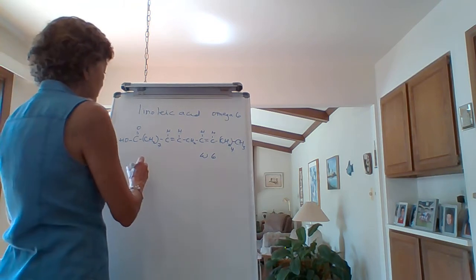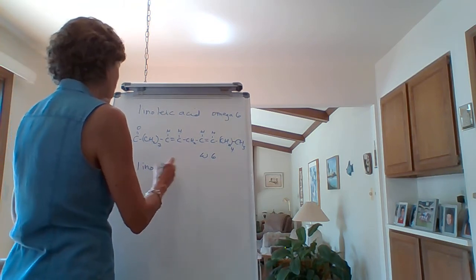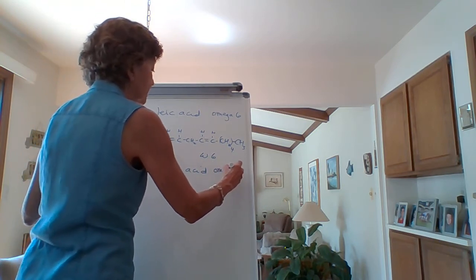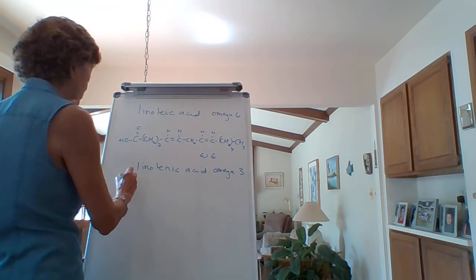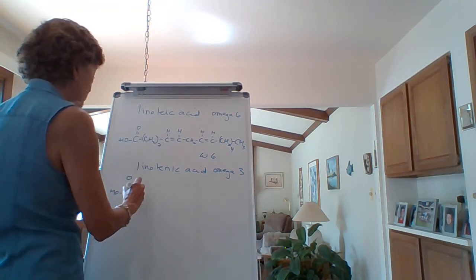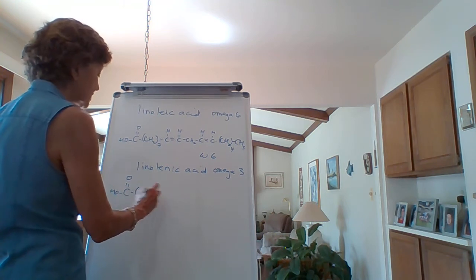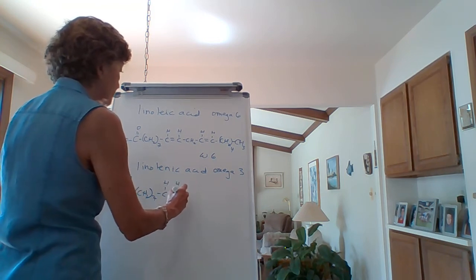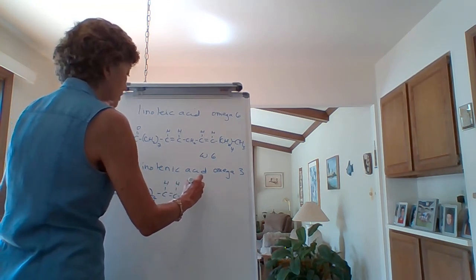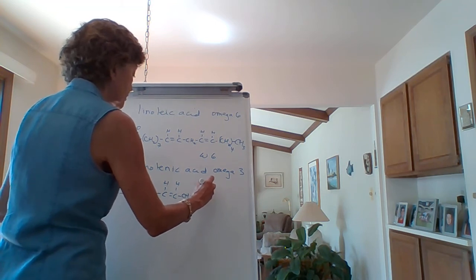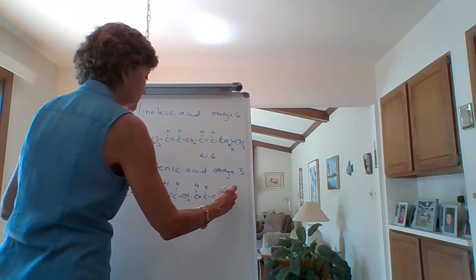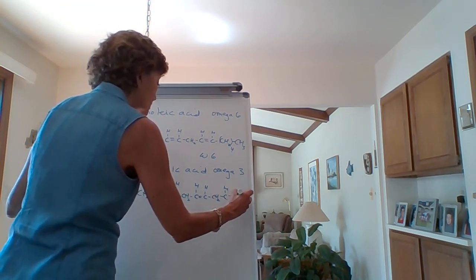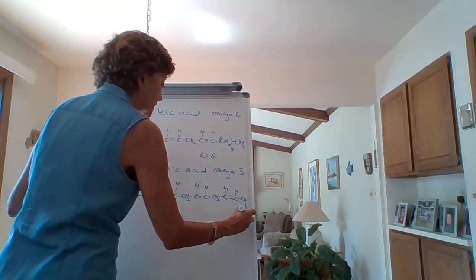Now, linolenic acid is an omega-3. So let me show you what that is. So here's the carboxylic acid group, and then I've got 7 of these CH2s, and then here's carbon 9, carbon 10, carbon 11, carbon 12, carbon 13, carbon 14, carbon 15 and 16, and then I've got carbon 17 CH2 and then carbon 18 CH3.